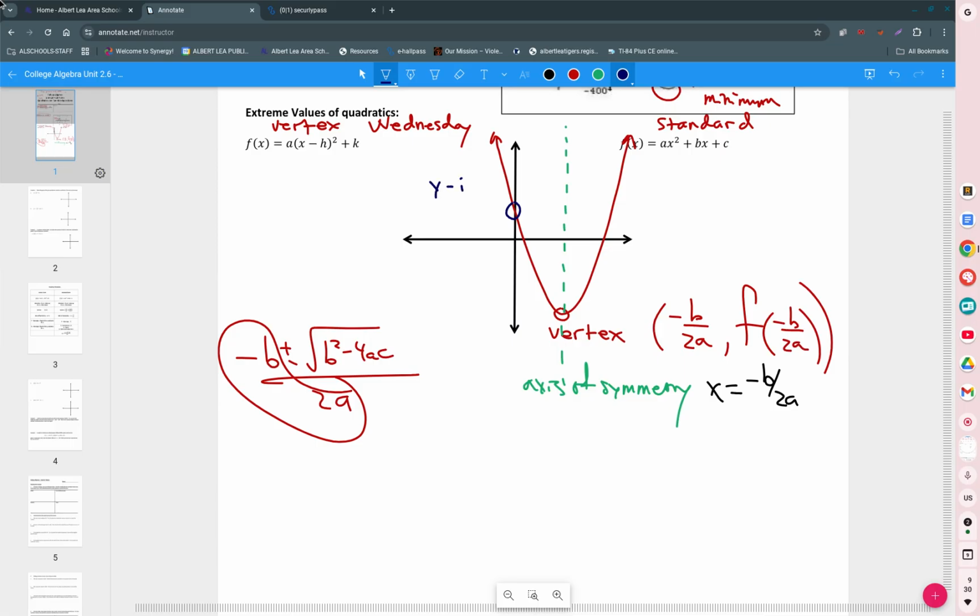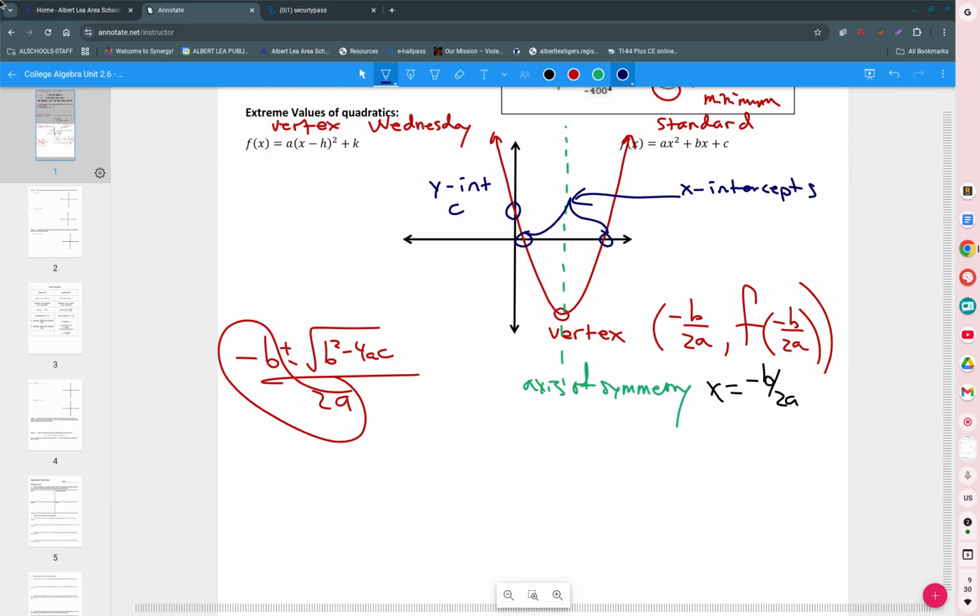The y-intercept happens when the x value is equal to 0. Notice if we plug in 0 for x, we just end up with c. Agreed? So therefore, the y-intercept is c. And finally, we have these 2 points right here, and those are called the x-intercepts.